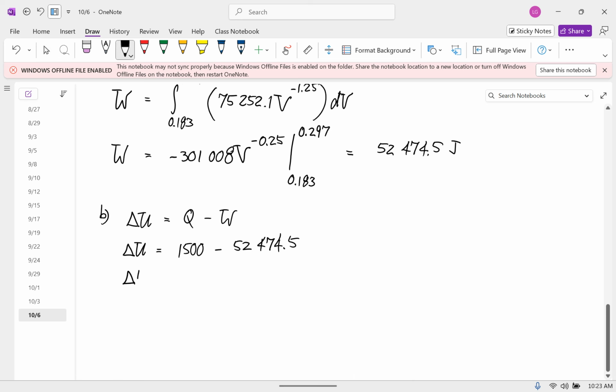And so the change in internal energy is negative 50,974.5.